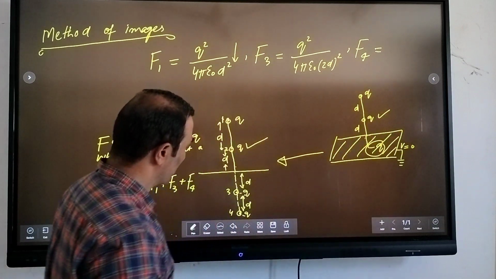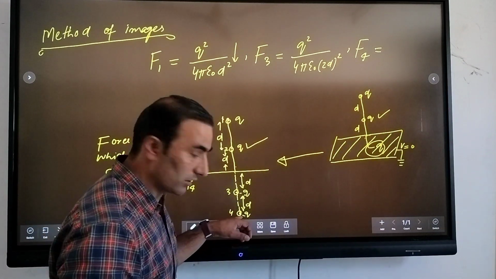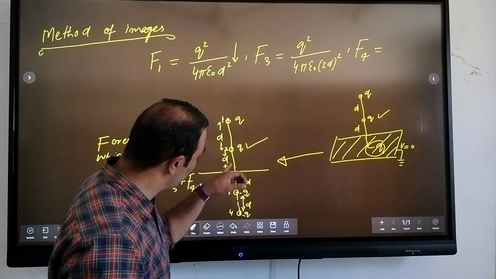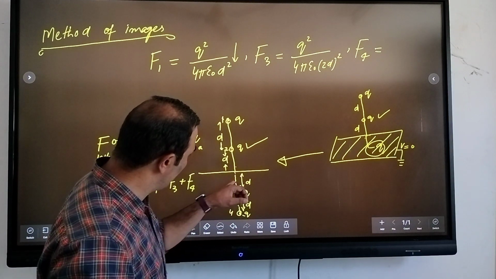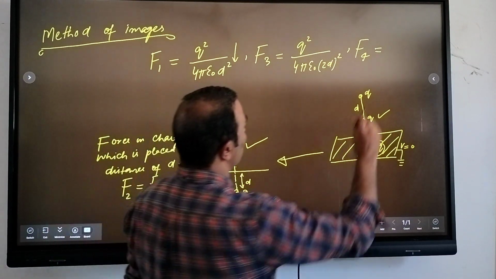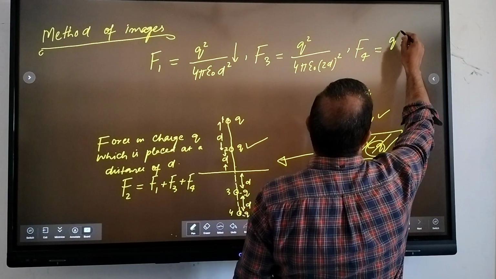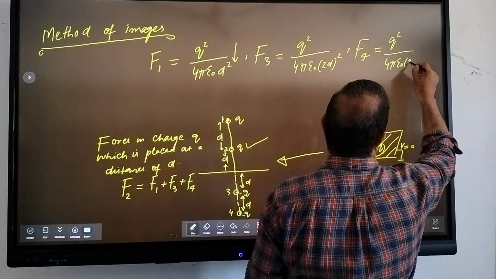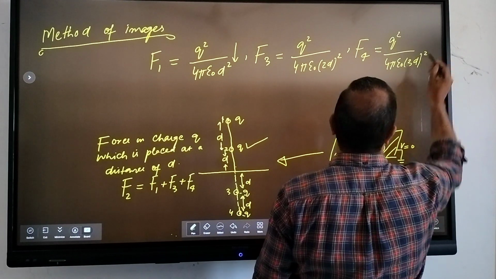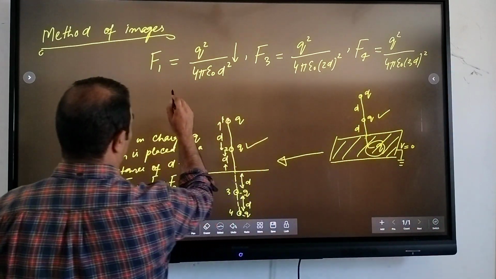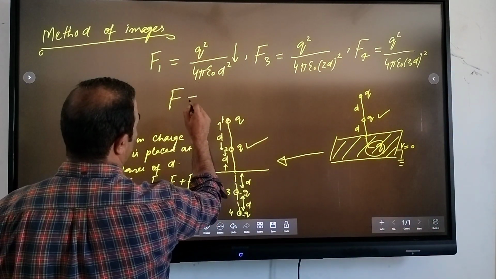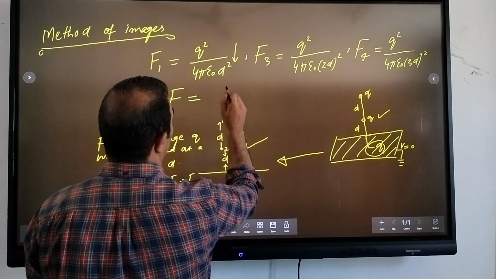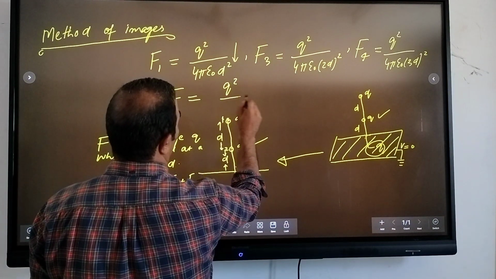And similarly, the force due to the image charge placed at a distance of 3d, because d plus d plus d, will be equal to q square over 4 pi epsilon naught (3d) square. So the total force on this charge is F2.